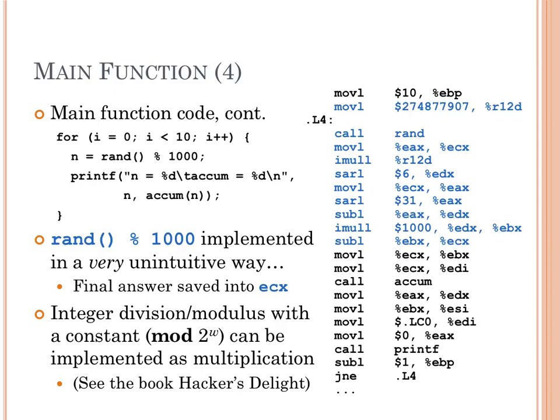Okay? So like I said, integer division and modulus with a constant can be implemented as multiplication. If I'm dividing something by 1,000, I can also multiply it by 1 over 1,000. Okay, that's cool, but the problem is that 1 over 1,000 is definitely not an integer.